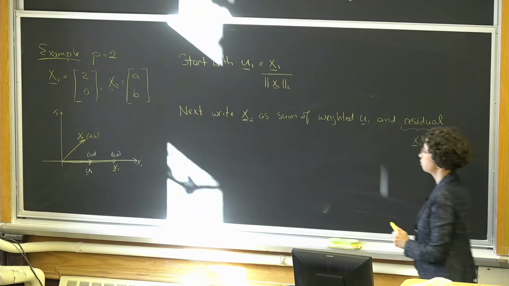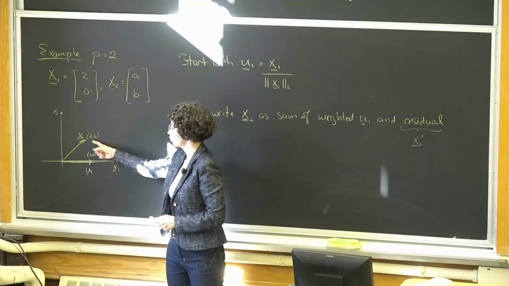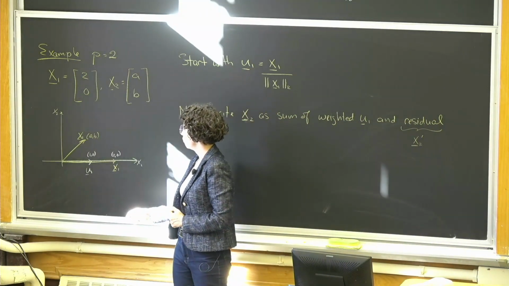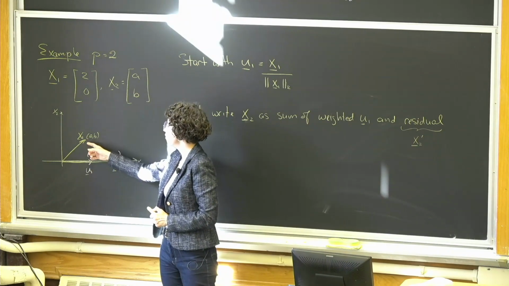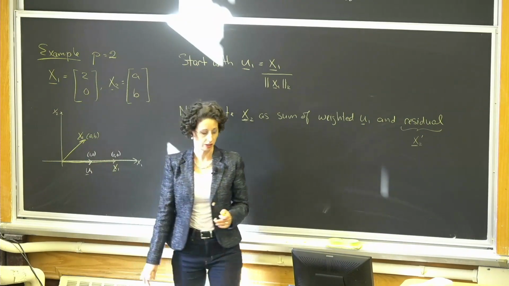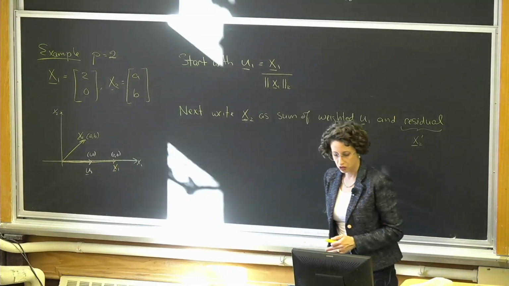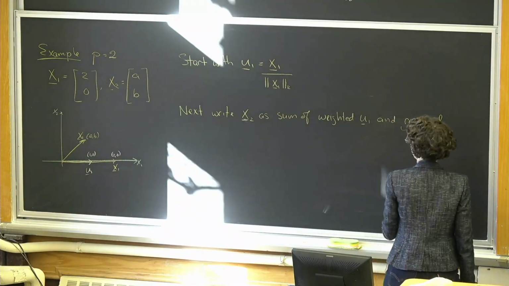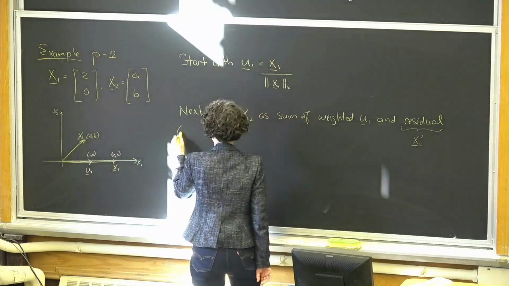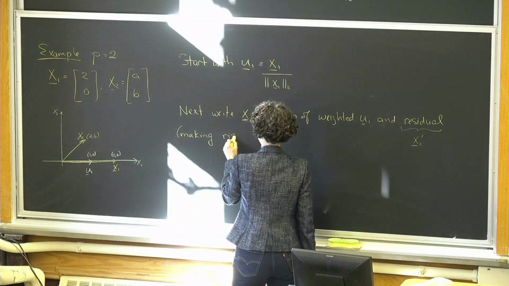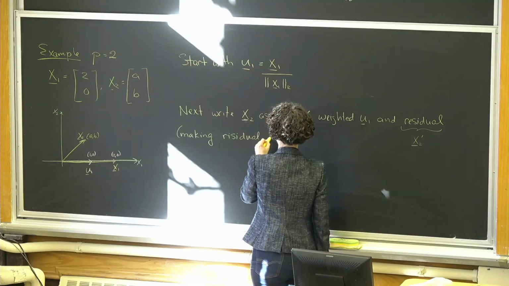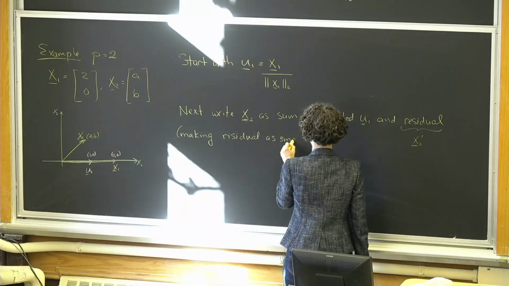Okay, so we've got this point x2 here. It has coordinates a and b. We want to write it as a weighted sum of u1 plus whatever else we need to represent x2. And in particular, when we do this, we want to make the residual as small as possible.